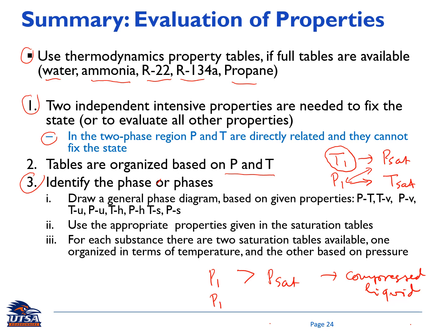Conversely, if P1 is less than P sat, then it is a superheated condition, and you go to table A4. Okay, it should be straightforward and simple how to determine the phase of a substance based on a given pressure and temperature.